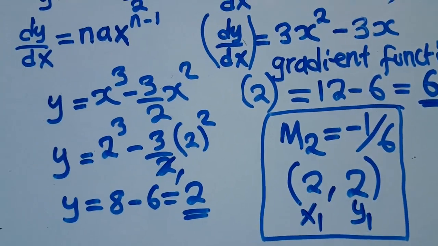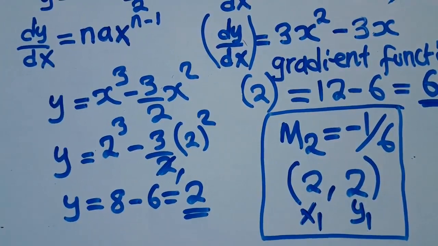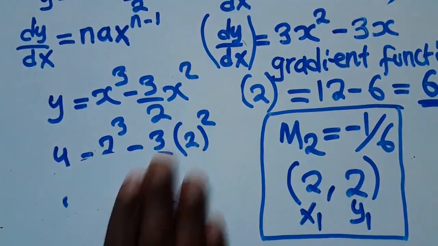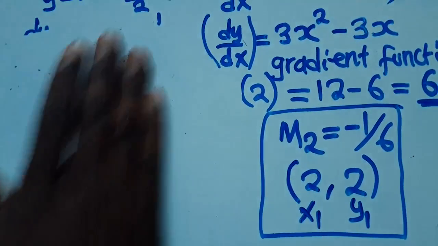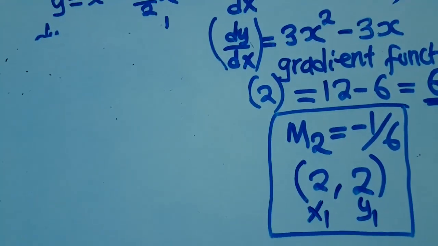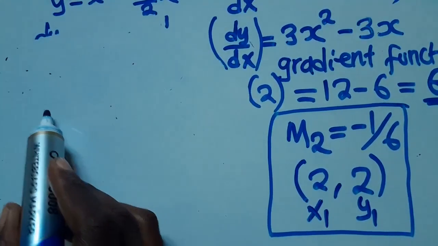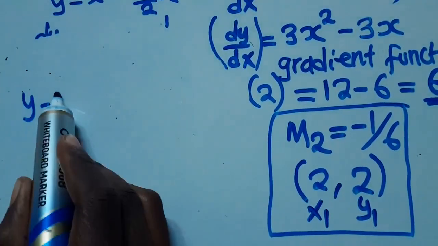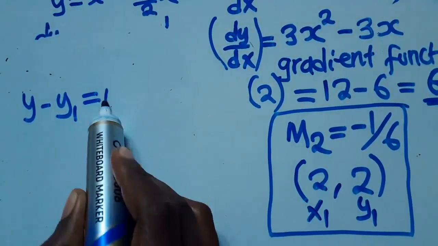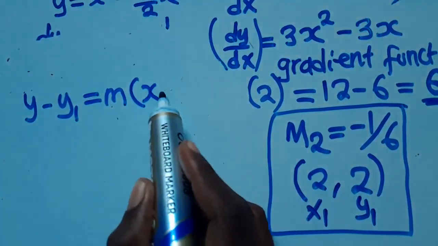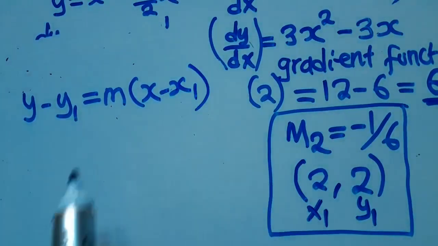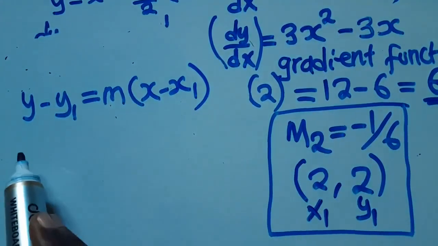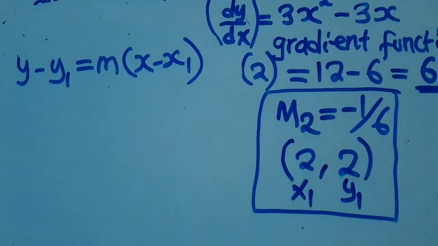So how do we find the equation? I'm going to label this part so that we see everything that I'll be doing. The equation of a straight line is y minus y1 is equal to m times x minus x1. So we just substitute in this formula using the data which is here.